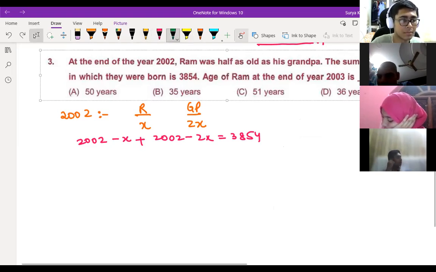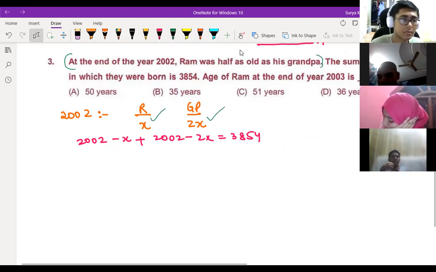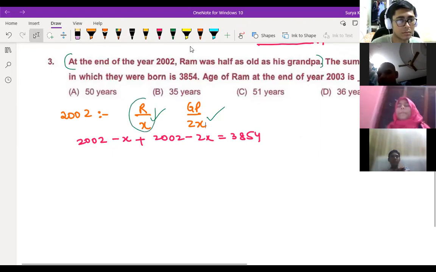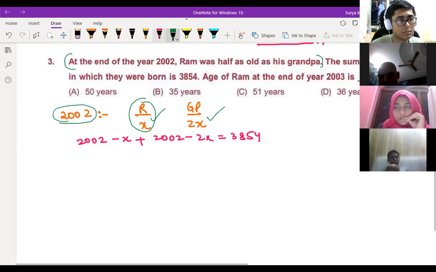Okay, fine, I'm telling you. See, children, this first line, everything is clear. Ram is X years and grandpa is 2X. Now, the sum of the years in which they were born. Suppose, Sahil, your age is 12 years right now, and the year is 2002.